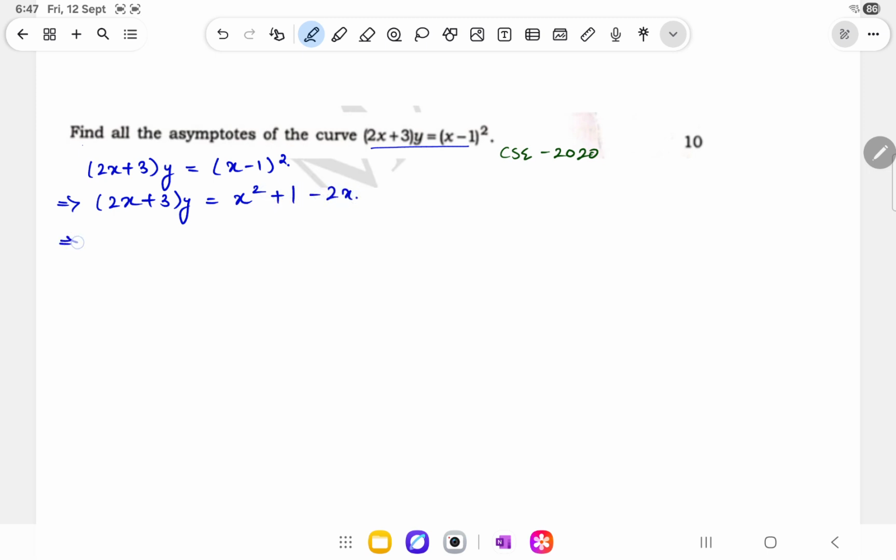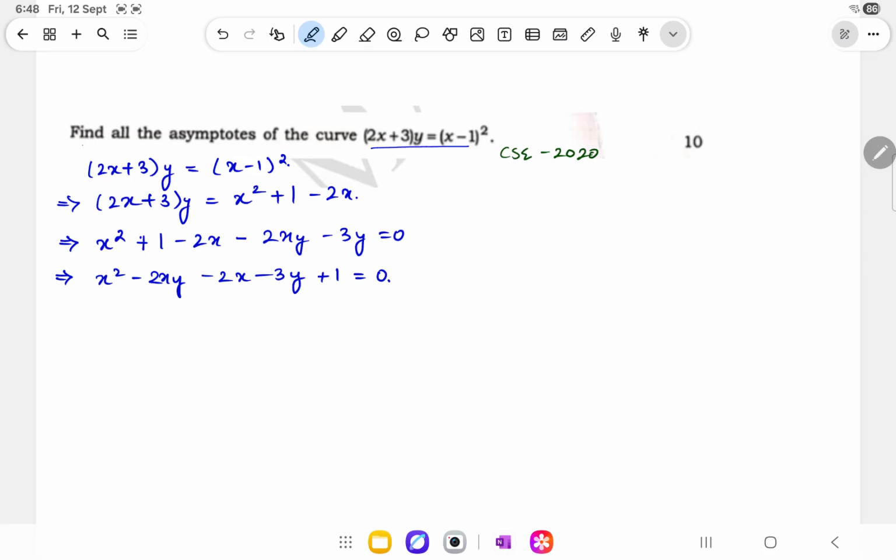So that basically gives me x square plus 1 minus 2x minus 2xy minus 3y equals 0. So my curve is basically x square minus 2xy minus 2x minus 3y plus 1 equals 0.